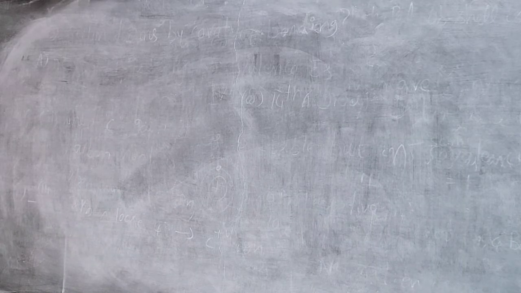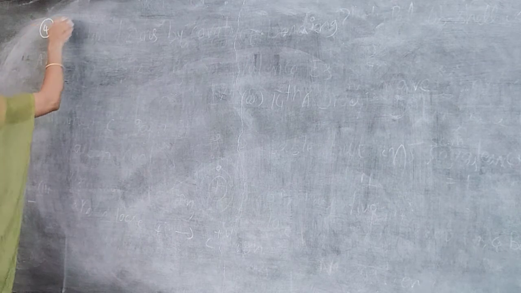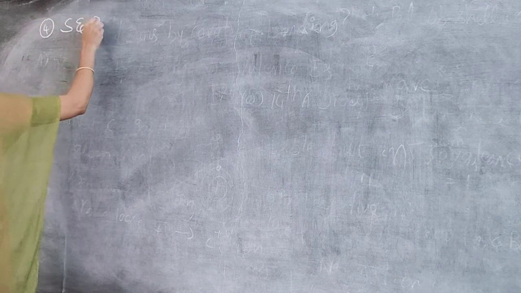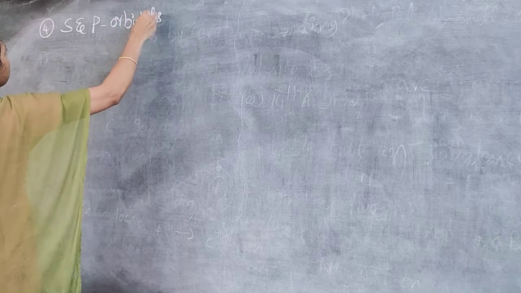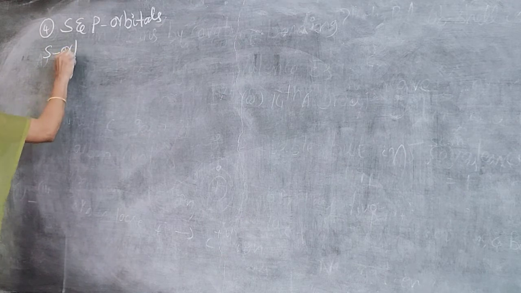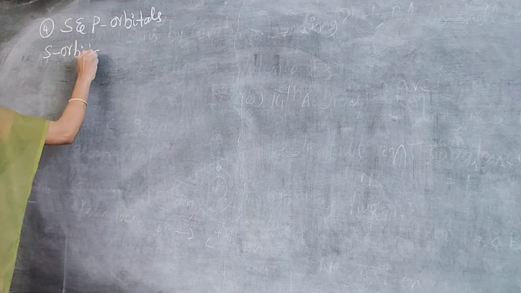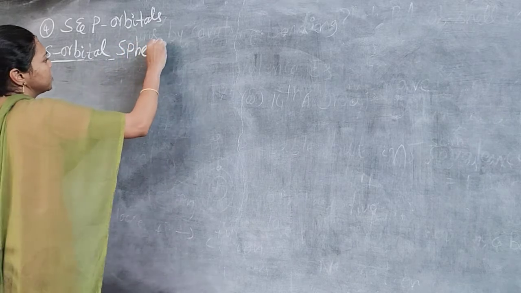Last final question. Draw the shapes of S and P orbitals. S orbital shape, spherical shape.